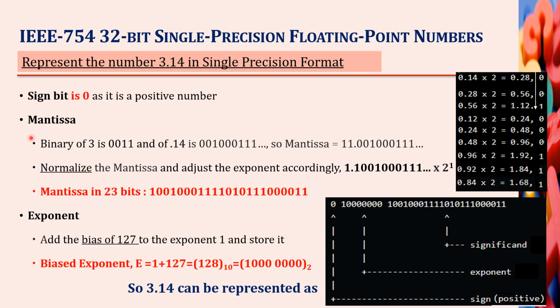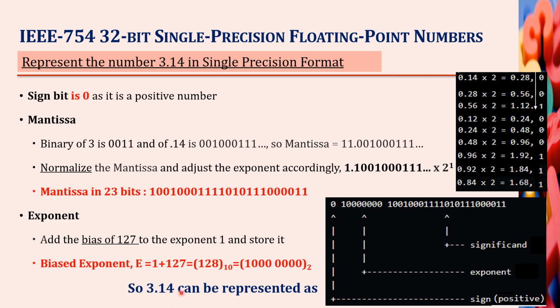Now we have the mantissa part and the sign part. Now we need to find the exponent part. The actual exponent is 1, so we need to add the bias value to this. In single precision format, the bias is 127. So we add 127 to the actual exponent 1 and get 128, and take its corresponding binary equivalent, which is 10000000.